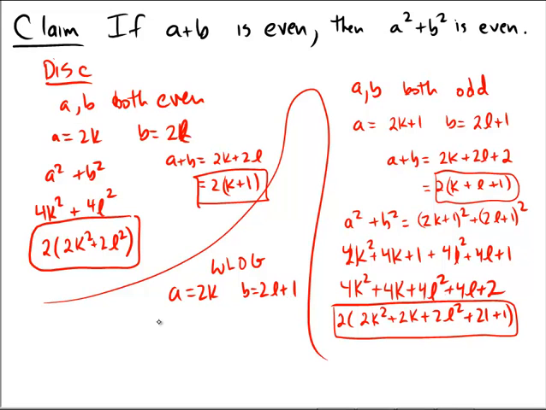Well, in this case, a plus b would be equal to 2k plus 2l plus 1, but notice that that's 2 times (k plus l) plus 1, and that's odd, so that doesn't even satisfy the antecedent. So although that is technically another case, that's a case that we don't have to acknowledge because it's not going to fall into the cases that our claim is actually talking about.